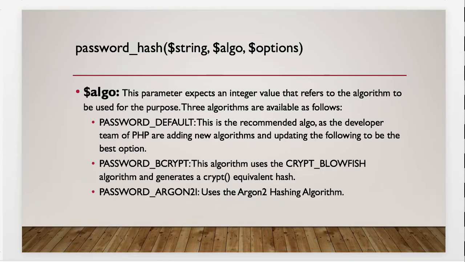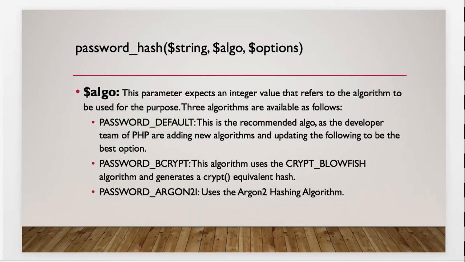The algorithm is the second parameter. This parameter expects an integer value that refers to the algorithm to be used. By default, the most common is PASSWORD_DEFAULT, right here.